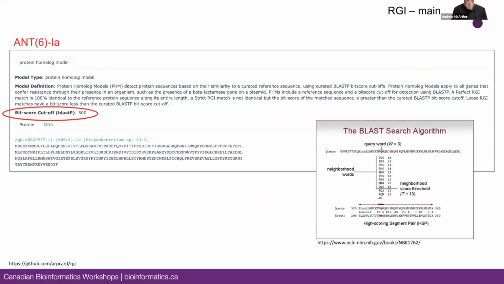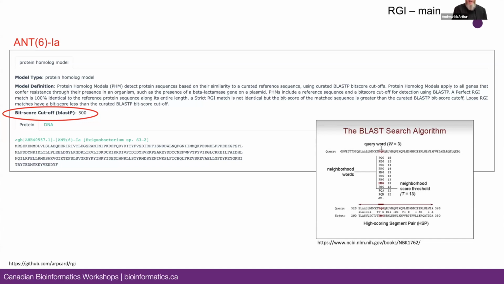What's unique about CARD compared to some of the others is that we curate data from an algorithmic perspective. So this is the ANT6-Ia. This is an enzyme encoded by a single gene. Either you have this gene or you don't in your pathogen's genome. So really the data for this model is simply the DNA and protein sequence, and what we call a BLAST bit score cutoff when we compare the sequence to the reference in CARD using the BLAST algorithm, which is the standard sequence similarity algorithm.